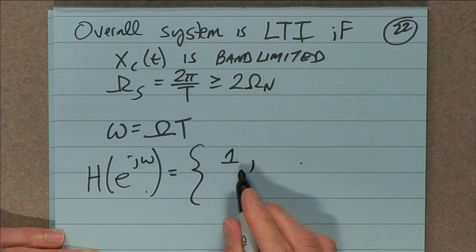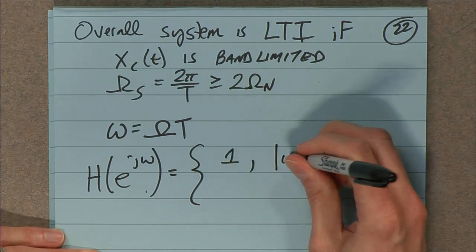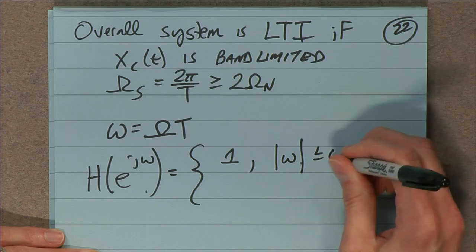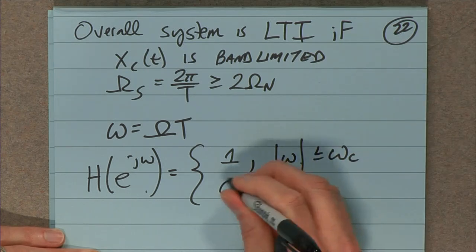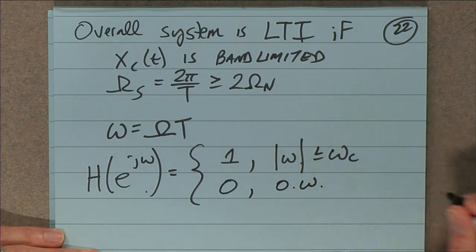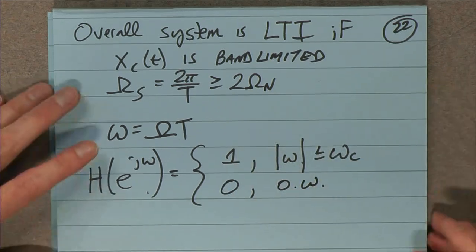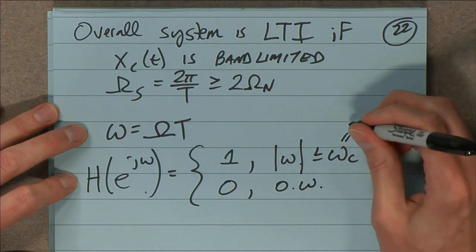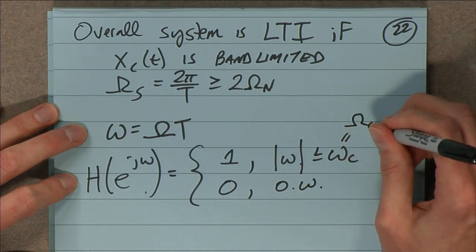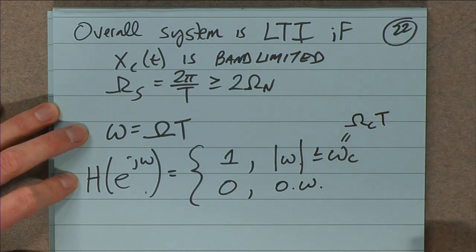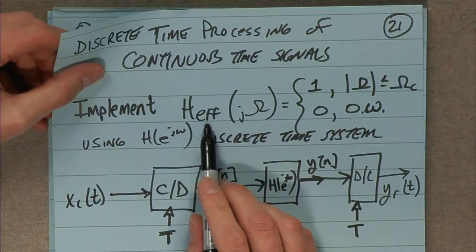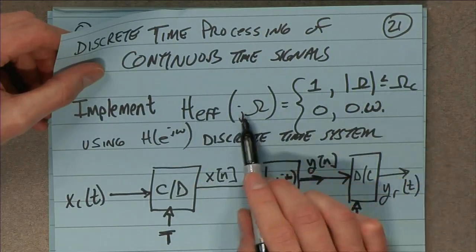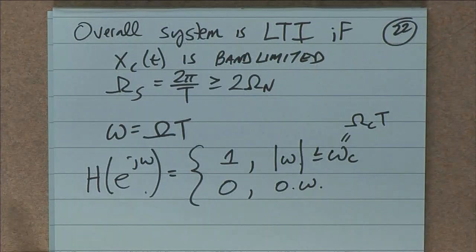So that's going to be 1 if ω is less than or equal to ω_c. I think we put 0 otherwise. And what's ω_c? It's the cutoff times cap T. And this capital Ω_c was back from our effective filter. We want to implement this, but we want to do it in discrete time.